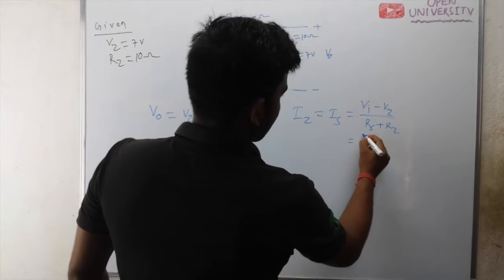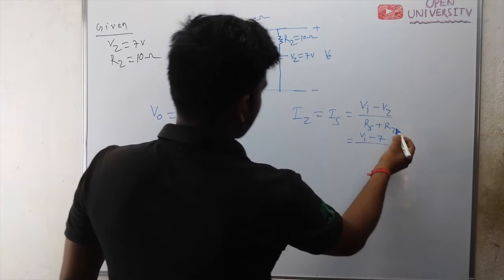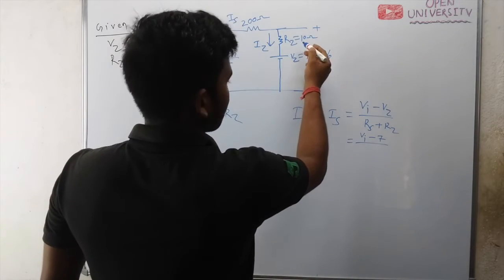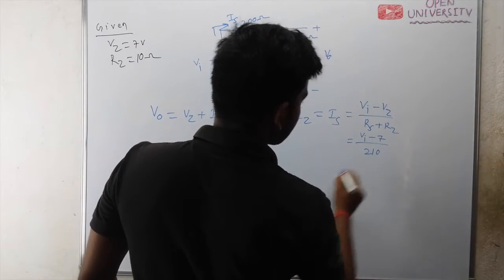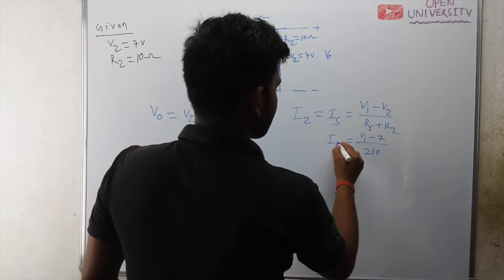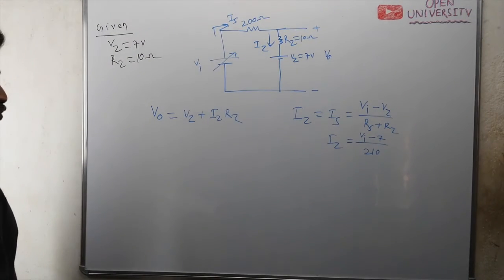Here VZ is given as 7 volt, RZ is given as 10, and Rs is given as 200. So 200 plus 10 is 210. Your IZ is (Vi minus 7) by 210.